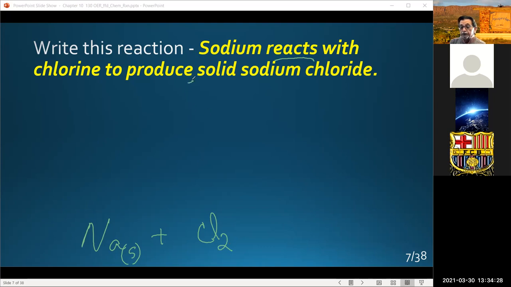The words produce or gives mean that's the arrow. Produce solid sodium chloride. So we know that the physical state of that would be an S in parentheses.